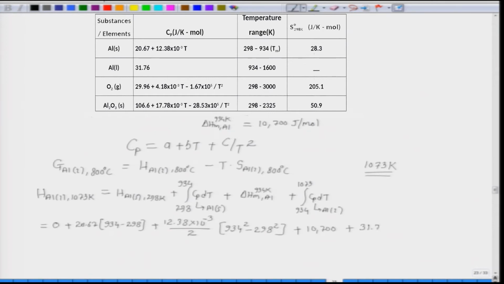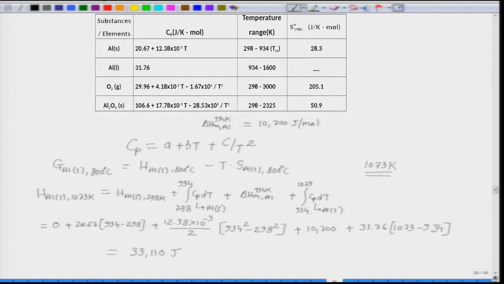So, 31.76 times 1073 minus 934. So, this comes out to be 33,110 joules.